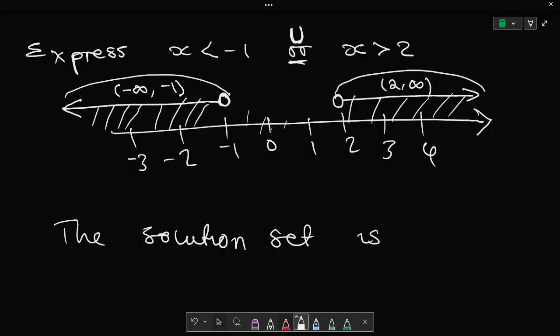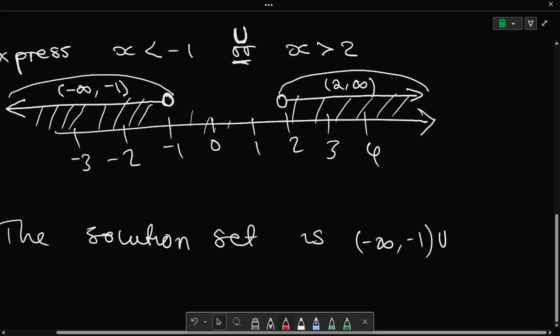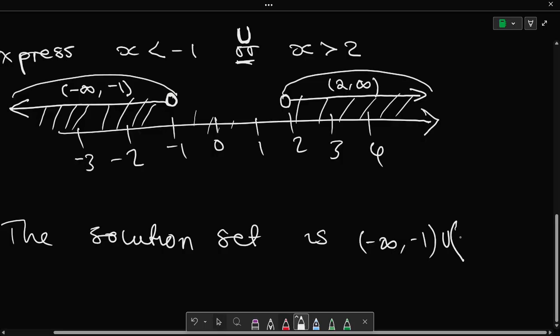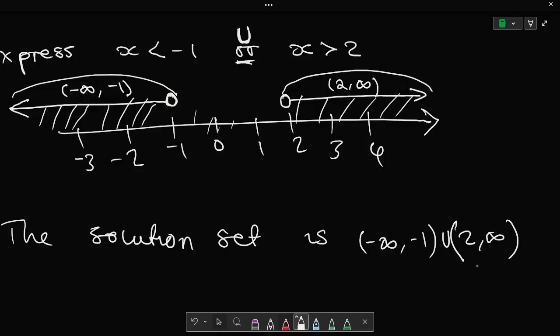So you put a union on these two to connect. So the solution set is going to be -infinity, -1 union 2, infinity with these types of brackets.